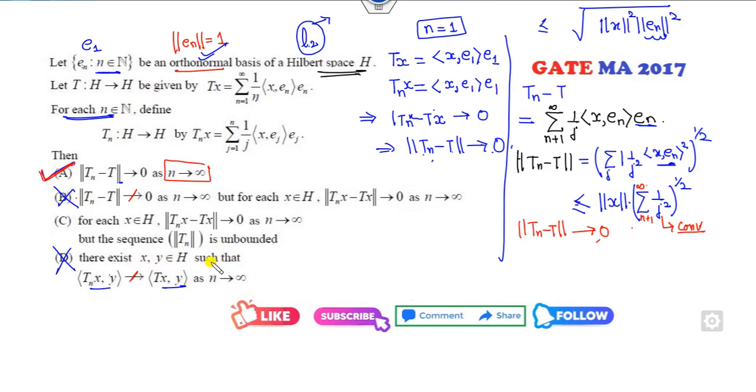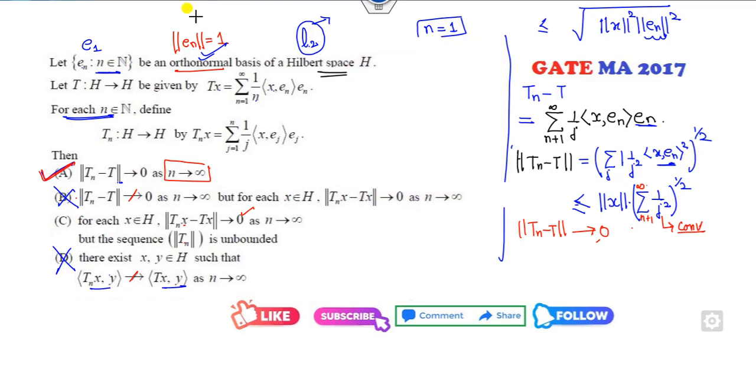Now how can you say whether T is bounded or unbounded? How can you prove that it's bounded or unbounded? Again, very simple. I can clear this. Fine. So it means I can start from this value. Can I write this value? Okay. Again, I can write this number as x.